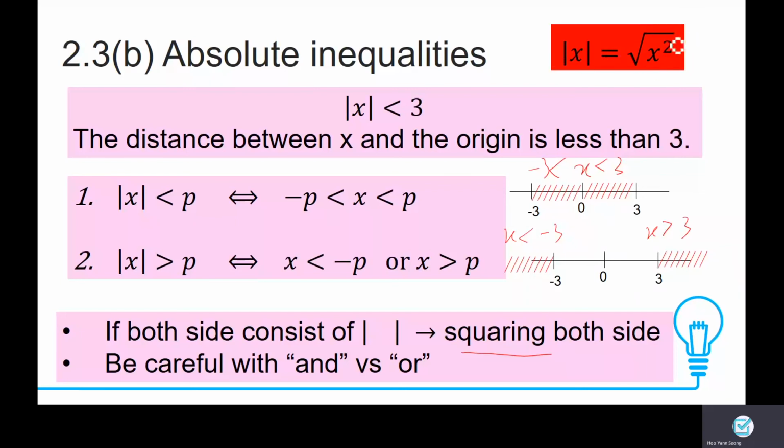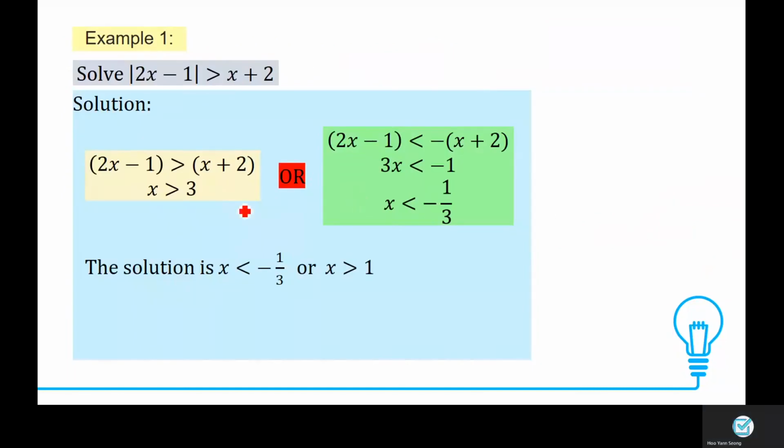Because x squared is always positive, when you square, this value will always be positive. The second thing you need to be alert about is the 'and' and 'or'. For this one, originally it is 'or', so please be alert. And when it is in between, when you try to separate it, you will get the sign of 'and'.